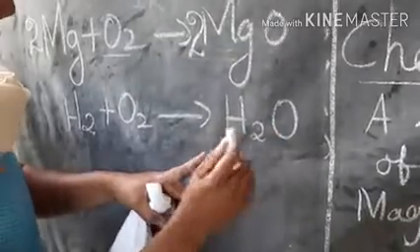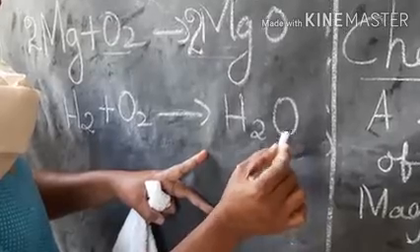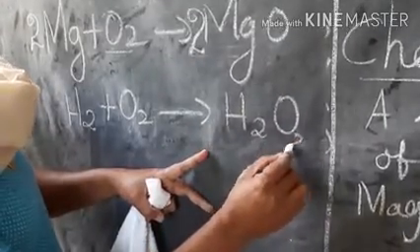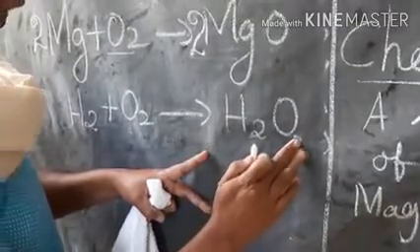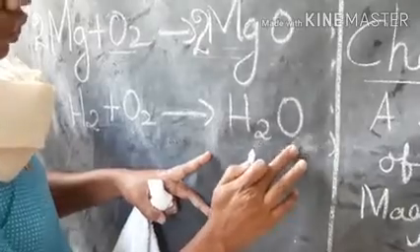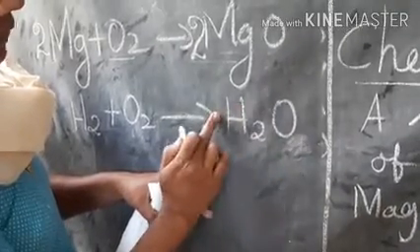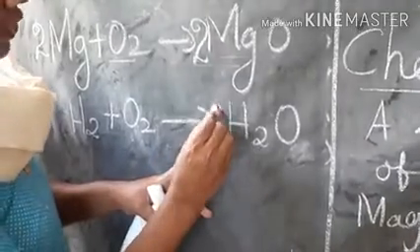As I told you, you should not write 2 here. If you write 2 here, it will be changed into another compound. Suppose you put 2 here, then H2O2 is hydrogen peroxide, it is not water. So you should not insert any number here or here. You have to put it always in front of the compound. So I am putting 2 here.